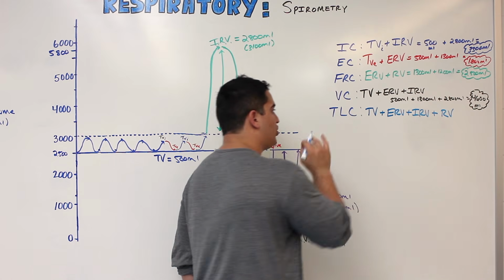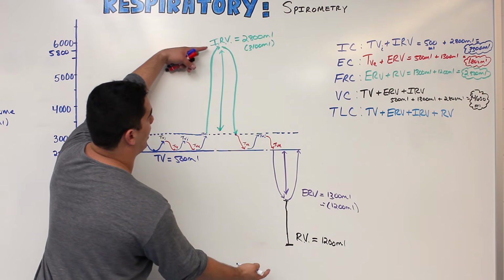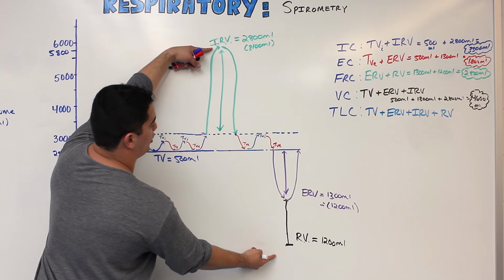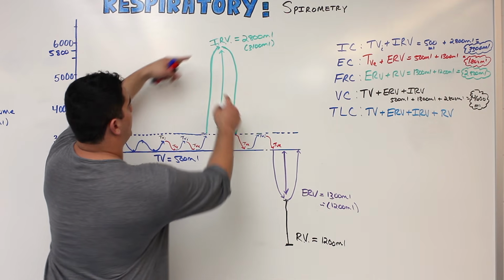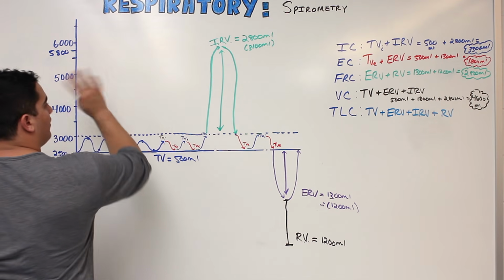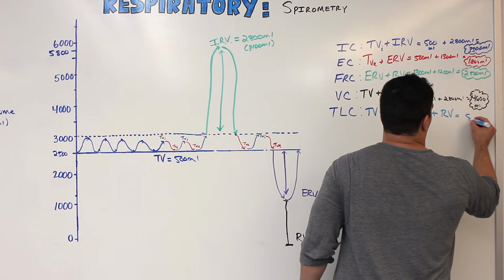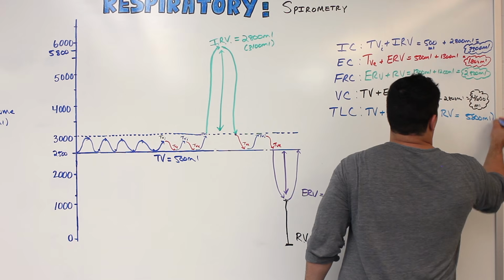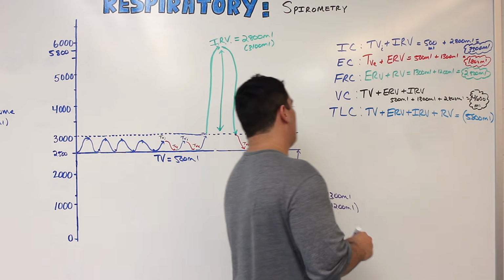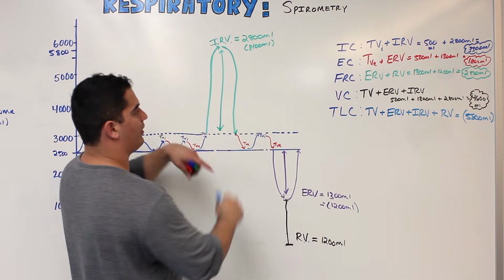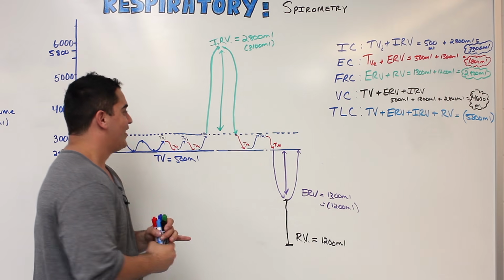Because I told you, it's the total volume of air that your lungs can occupy. So from the IRV all the way down to the residual volume. So it goes from 0 to the top of the IRV, which we said was about 5,800. So I'm going to cheat a little bit, and I'm going to do 5,800 mLs. Which I probably could have made easier for myself and done a lot of them. But all right, it's too late for that.